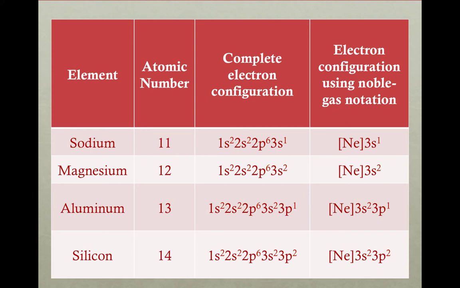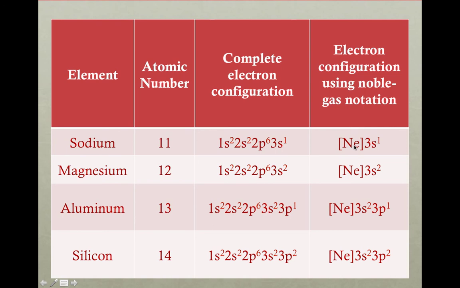So with electron configurations, you're really just adding an electron to the last principal energy level. So if we look here, we have 1s2, 2s2, 2p6 for each of them. They all have that configuration within it, and then they're just adding one to the end.